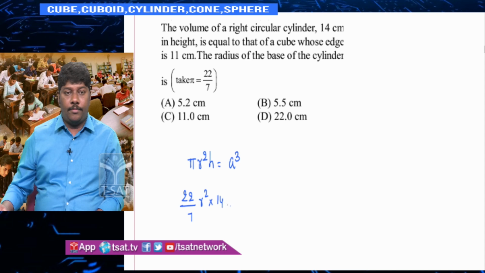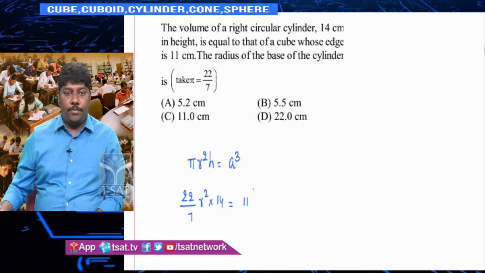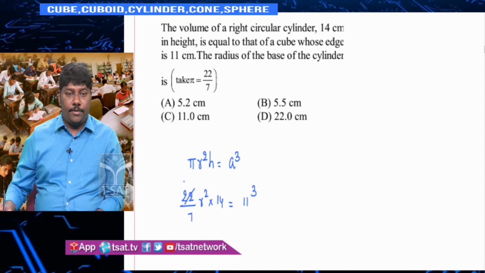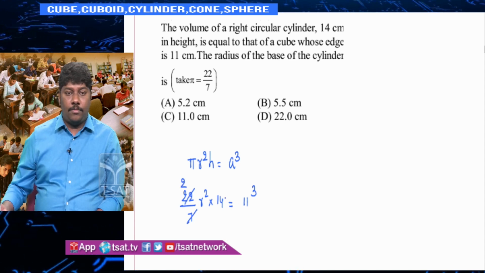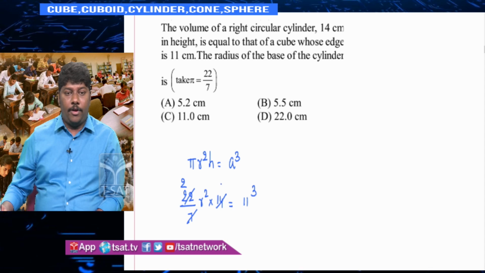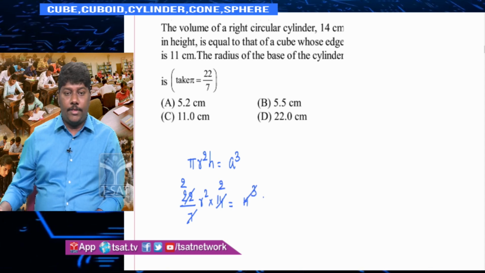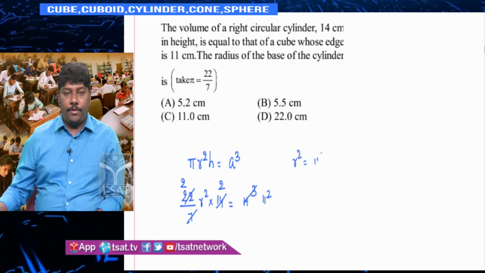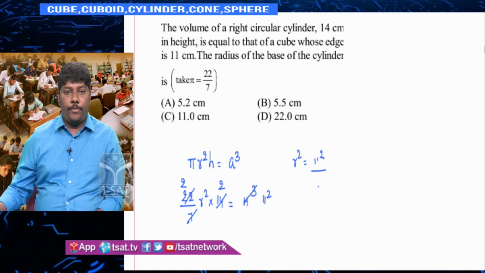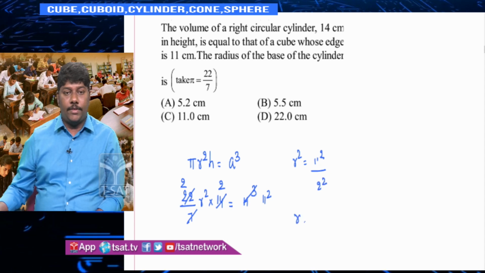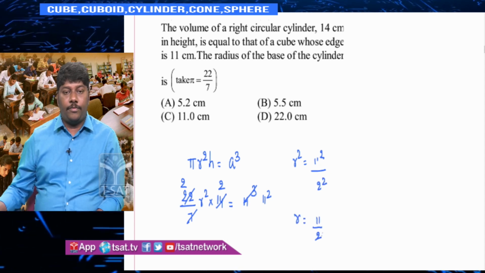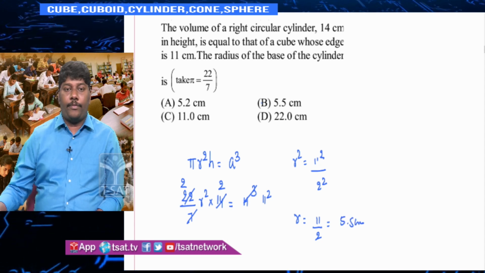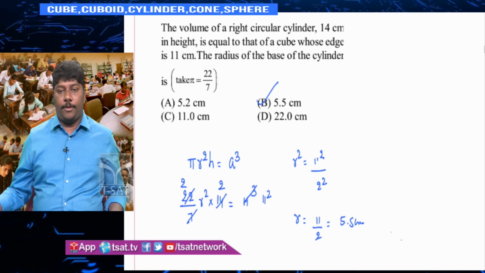Height is 14. Cube edge is 11 cube. 11 ones are 11, 11 2s are. Then after you got 2 here, 11 square will be left out. Now r square is equals to 11 square by 4. 4 means 2 square. Now r is equals to 11 by 2, which is 5.5 centimeter. The answer is 5.5 centimeter.